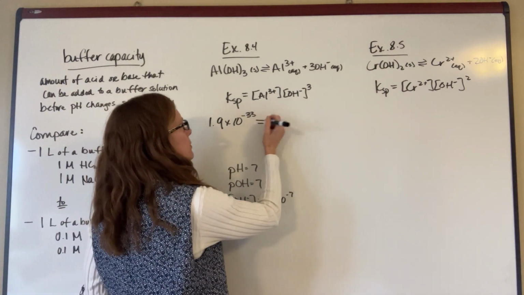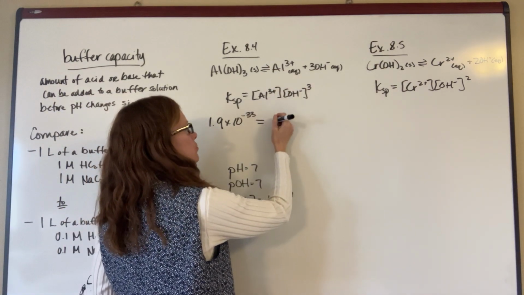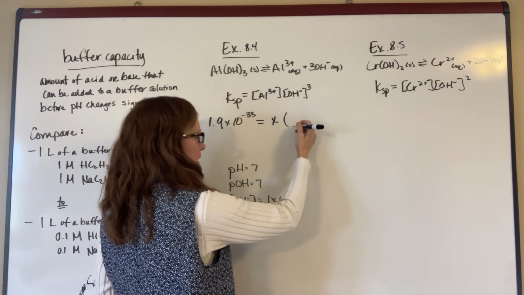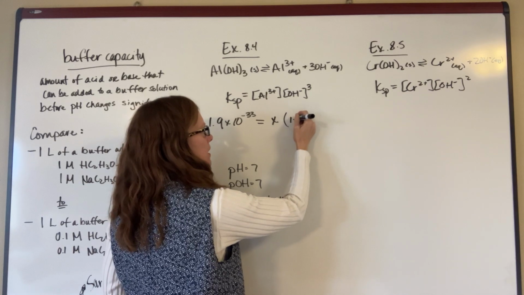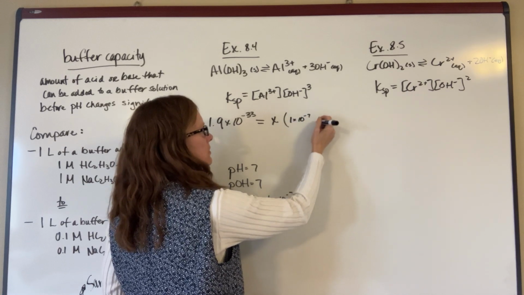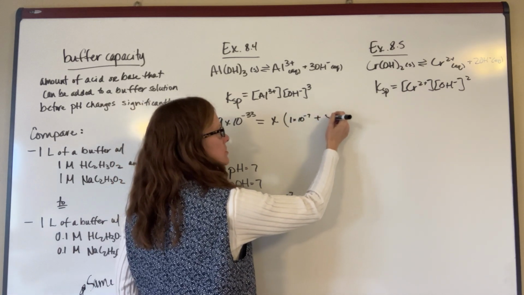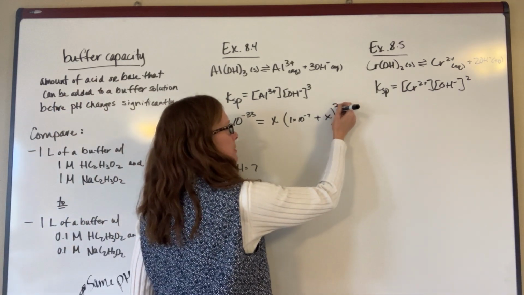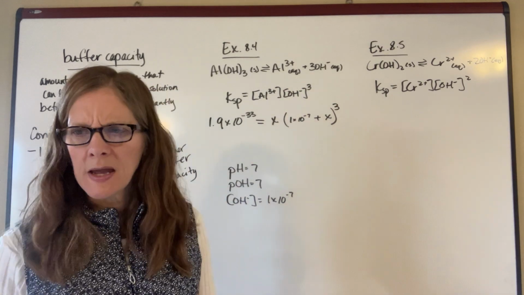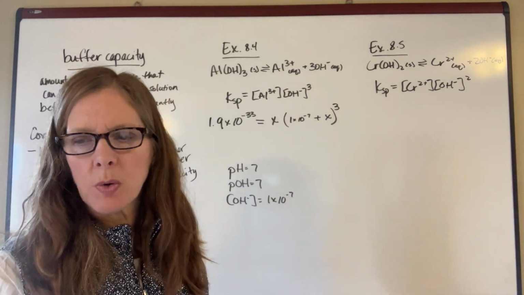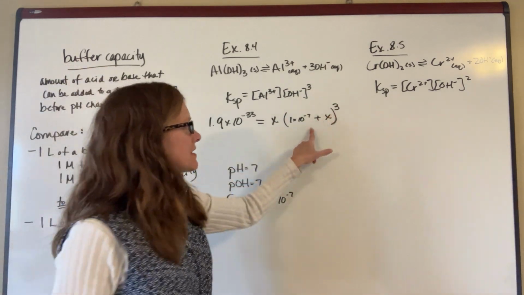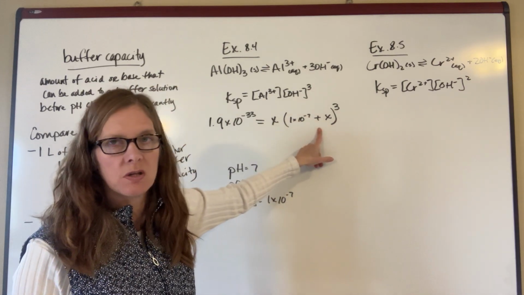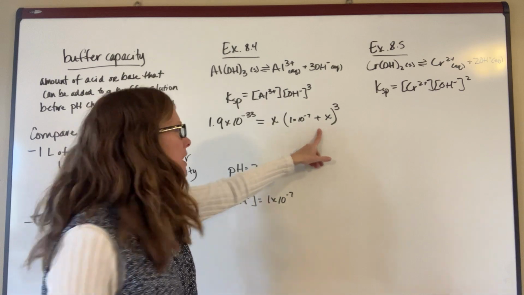So the aluminum ion concentration is going to be just whatever dissolves, x. The hydroxide ion concentration, what I start out with is 1 times 10 to the minus 7th plus whatever is going to dissolve, and then this whole thing has to be cubed. Now, I am going to assume that this x is very little because otherwise I have a very nasty equation that I am really not going to be able to solve.